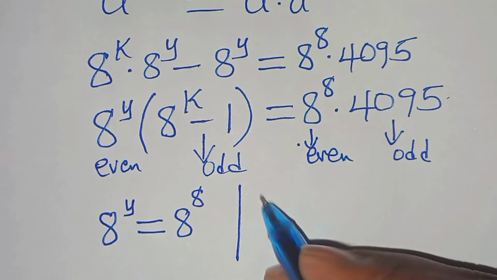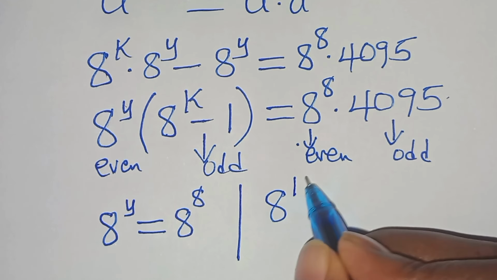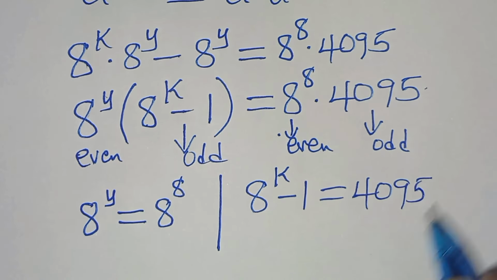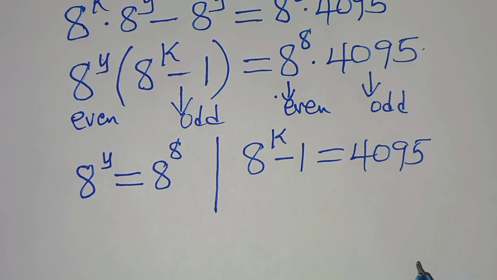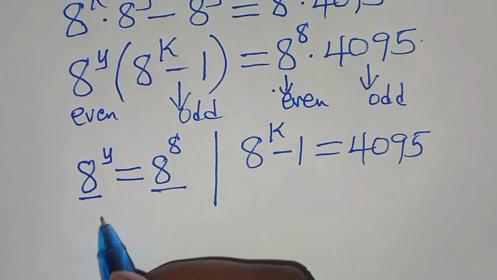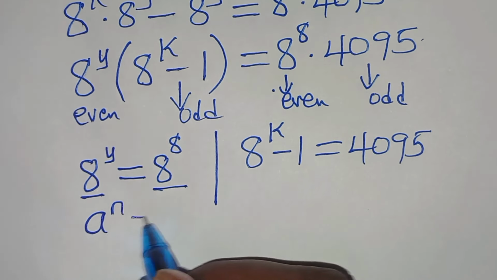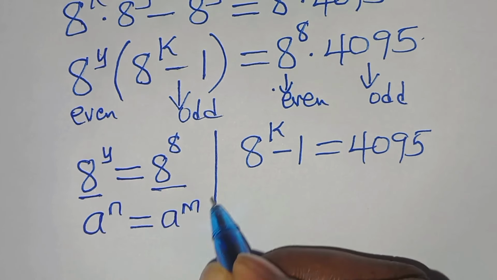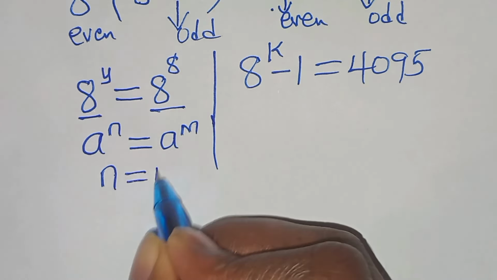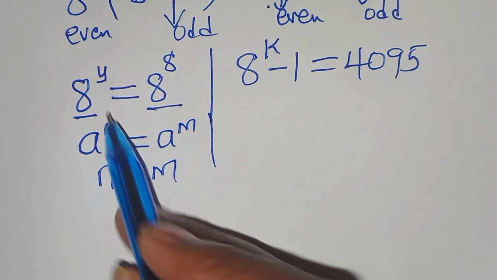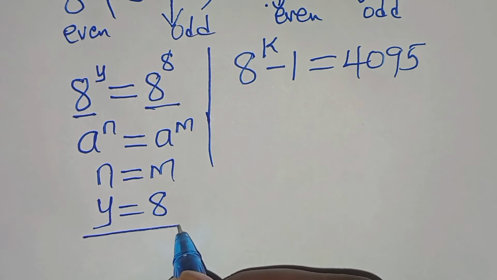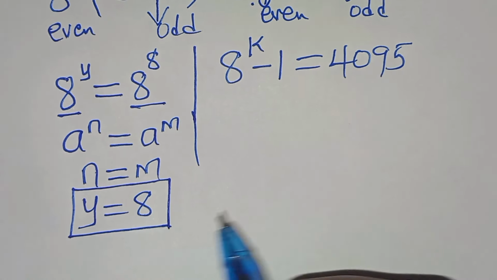On the other hand, 8 to the power of k minus 1 is equal to 4095. Now, the bases are common, that is a to the power of n equals a to the power of m. This implies that exponent n is equal to m. So this implies that y is equal to 8.